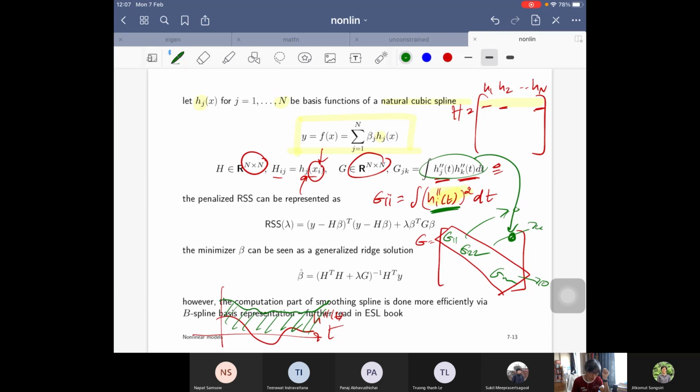This matrix has a name, it looks like a Gram matrix, but I'll leave that for your further study. I just would like to point out one obvious property: first, G is square. Secondly, is it symmetric? Yes, it is symmetric.